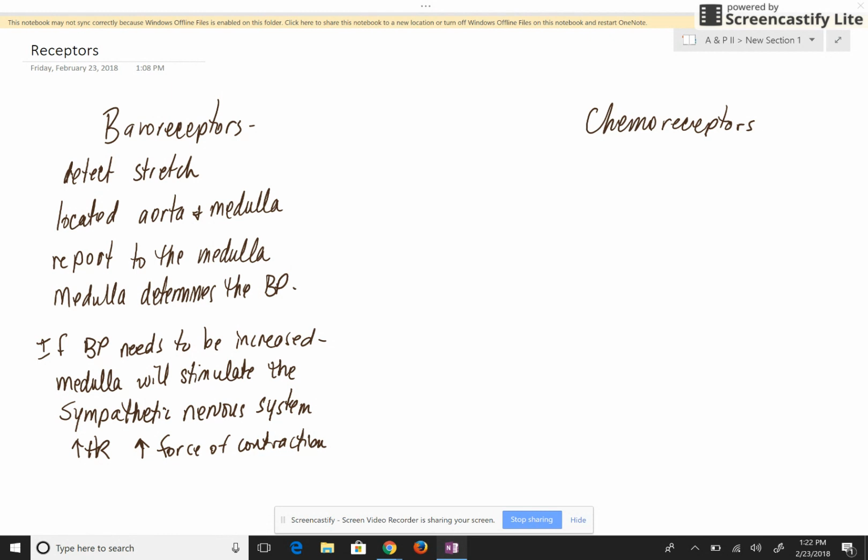Okay, alternately, if the blood pressure needs to be decreased, then the medulla will stimulate the vagus nerve.